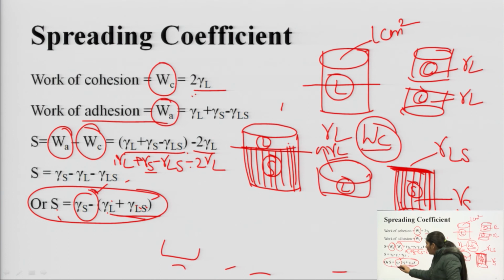If the value of gamma S is more as compared to the surface tension of liquid and the interfacial tension of liquid and sublayer, then the value of S will be positive and spreading will occur. And if the value of gamma S is less as compared to these terms, then the value of S will be negative and spreading does not occur.